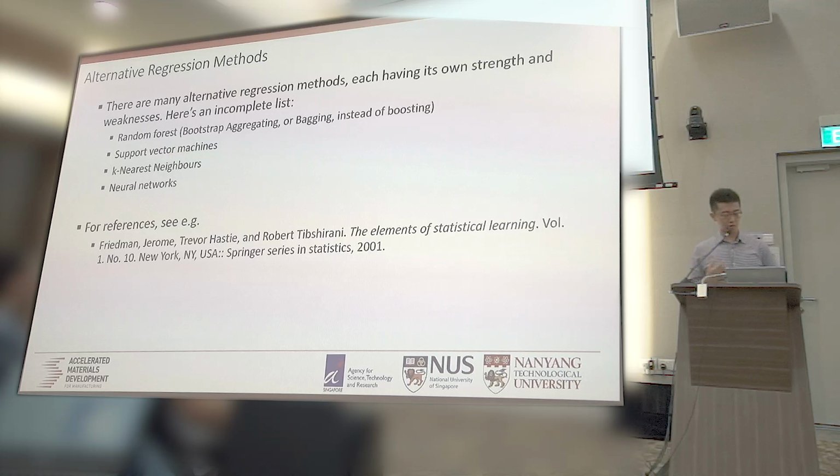And of course, there are also support vector machines, kernel-based methods, nearest neighbors, and of course neural networks, which will be introduced later on by Xiaonan. If you're interested in the algorithmic and even theoretical analysis of these machine learning algorithms, I highly suggest you read this book, which is quite a good introduction to general machine learning.